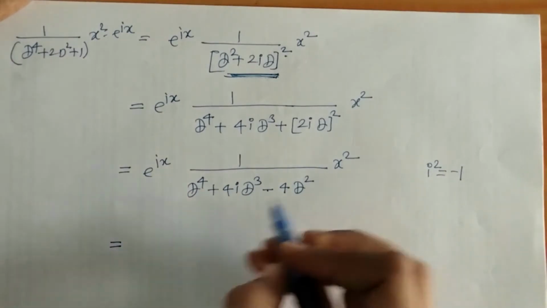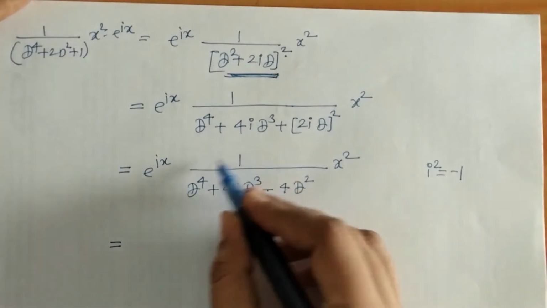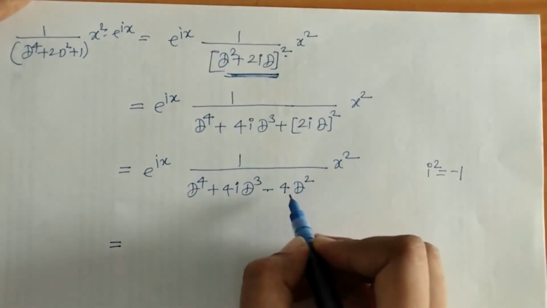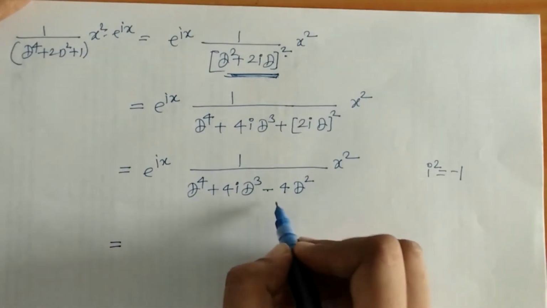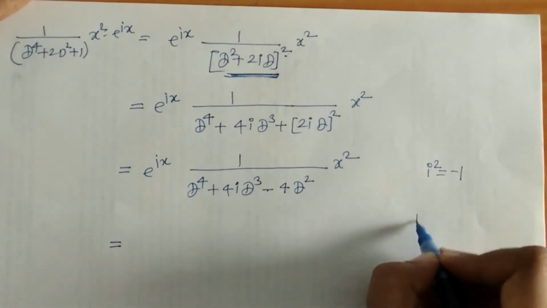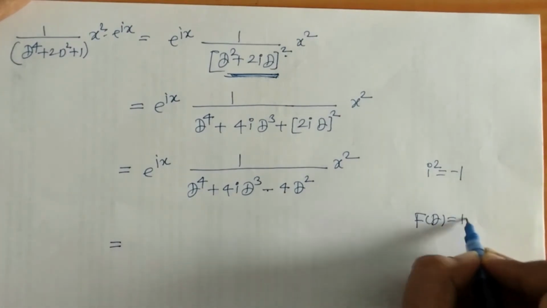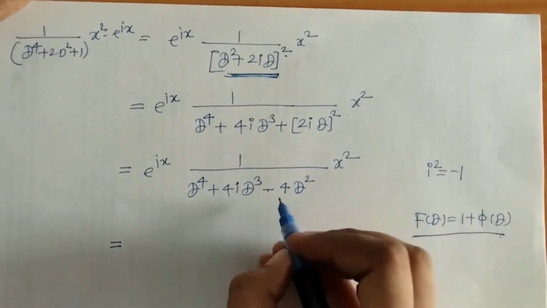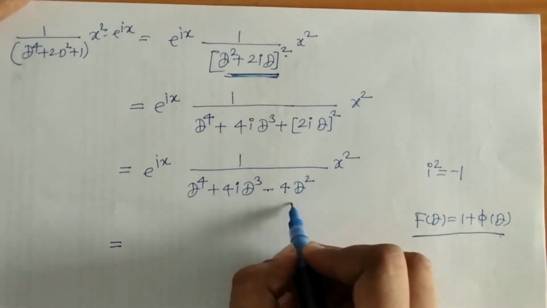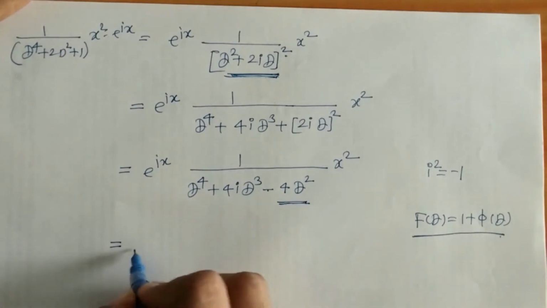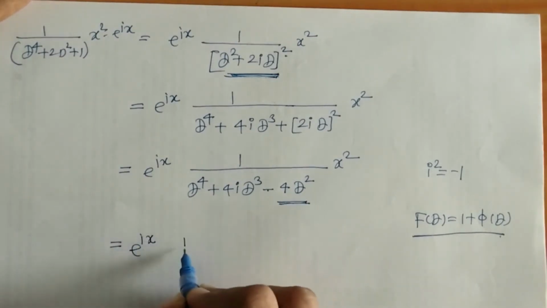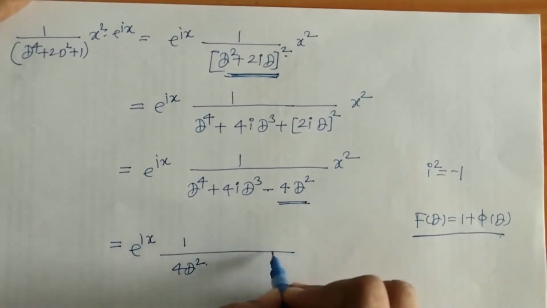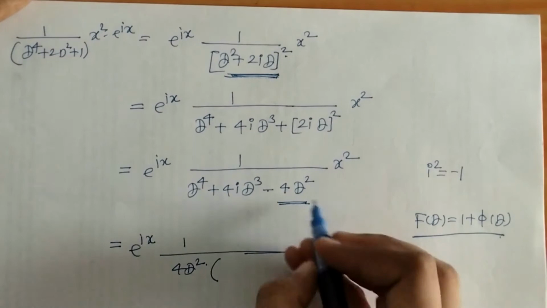Now this 1 upon f of D we have to operate on x square. What we have to do is express f of D as 1 plus phi of D. To do this, we take the lowest degree term outside.